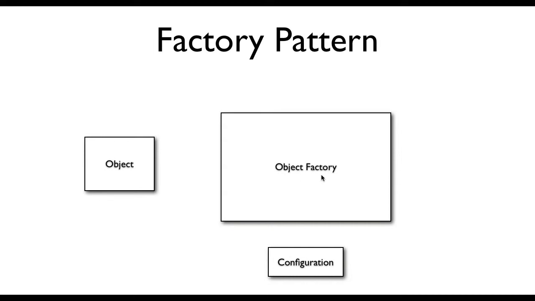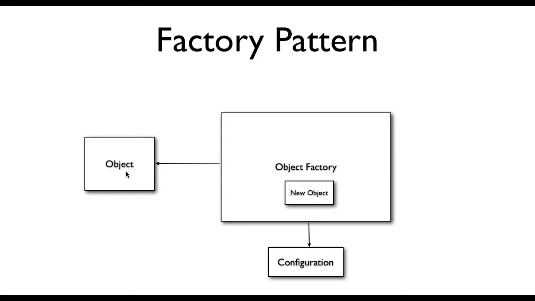So the object factory reads from this blueprint, and this object will tell it, hey, I need an object of such and such a specification. The object factory finds out what is the blueprint for that particular object specification, and then it knows what object needs to be created. So it's going to create this new object, and then hand it back to the requesting object.